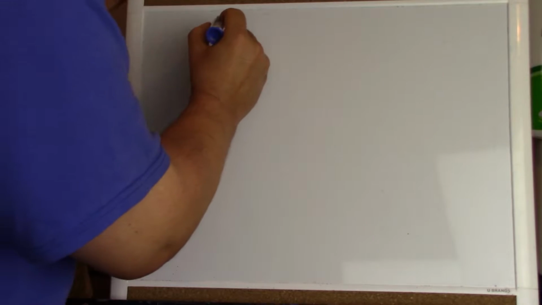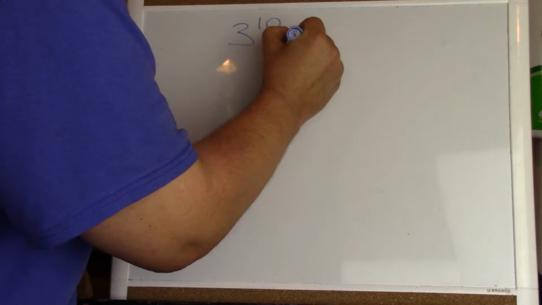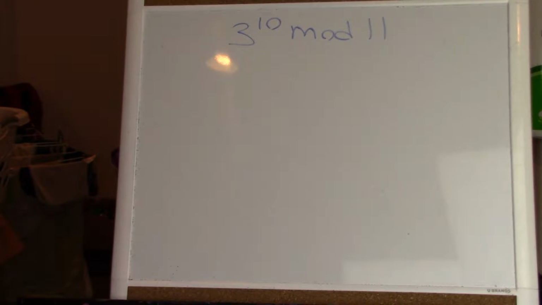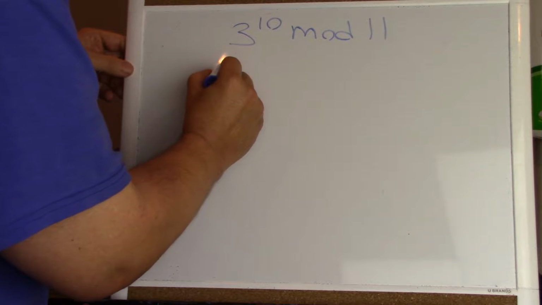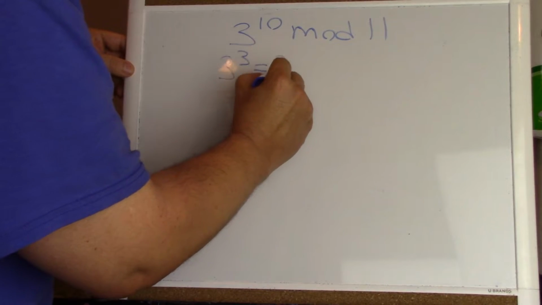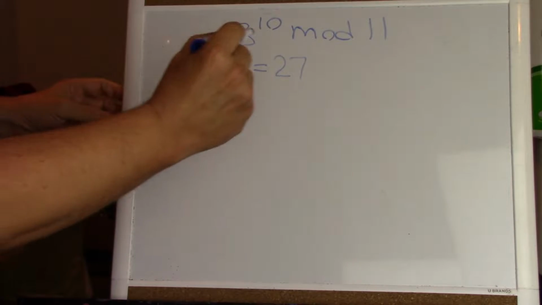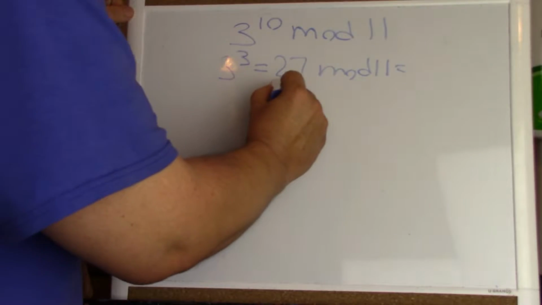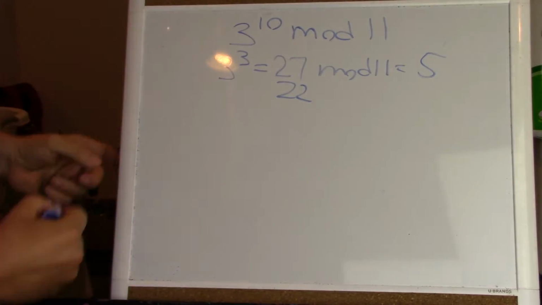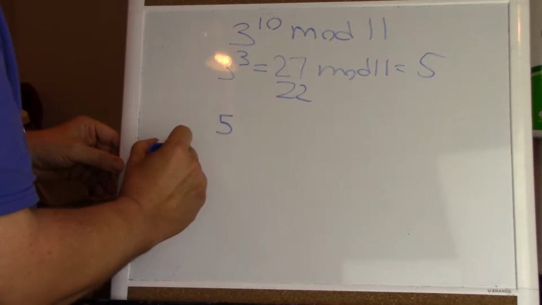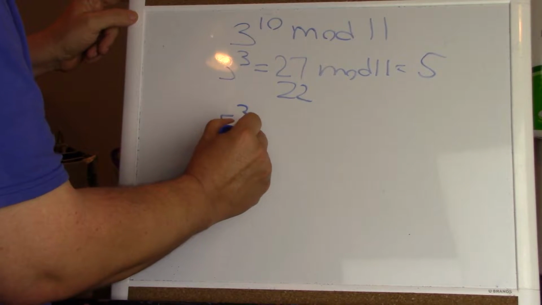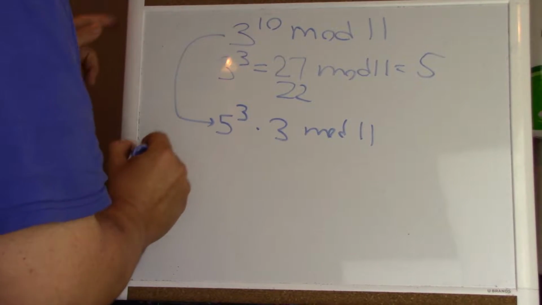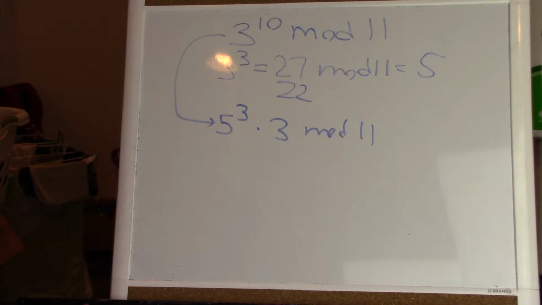Now, let me just do an example. 3 to the 10 mod 11. Okay, so let's just do 3 to the 3, which equals 27. 27 mod 11 is 5. And then now we have 5 times 3 mod 11, which is the same as this congruence.